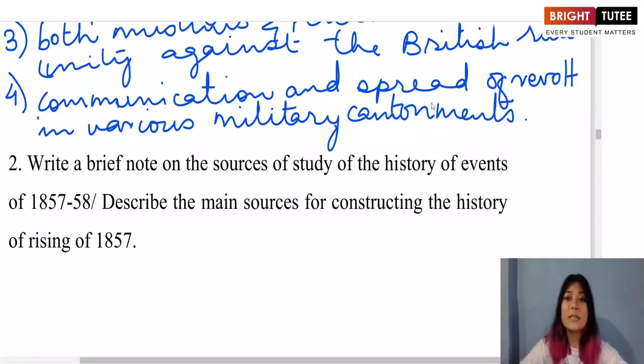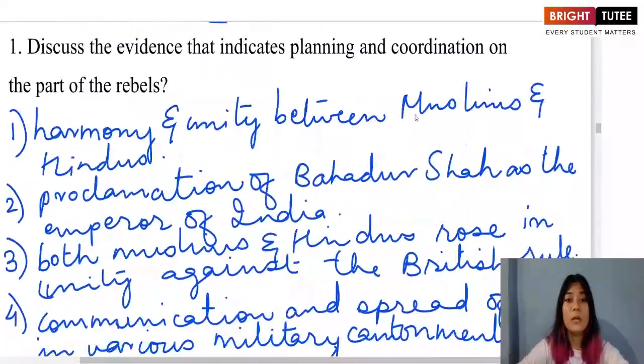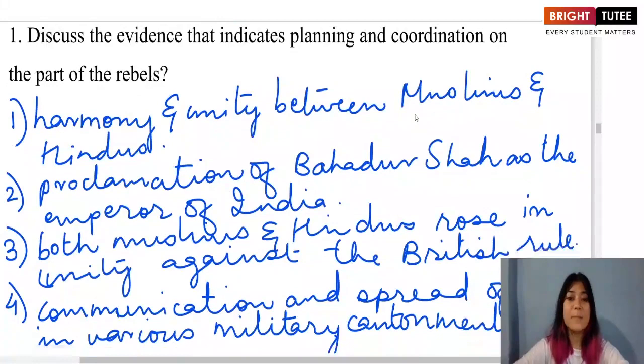Okay, so these are some of the points which indicate that the rebels were coordinated in their attack against the British government.